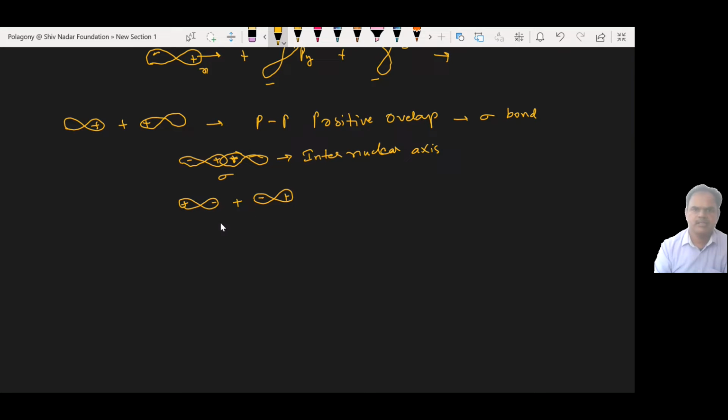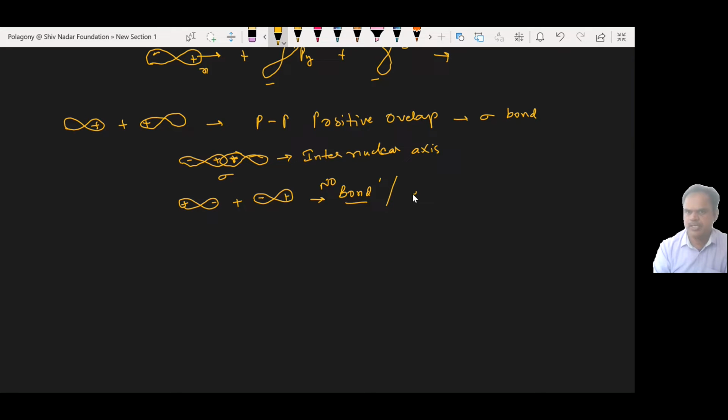If two p orbitals overlap in the direction of their negative ends, no bond is possible, because both orbitals overlap at negative ends where the probability of electrons is zero.